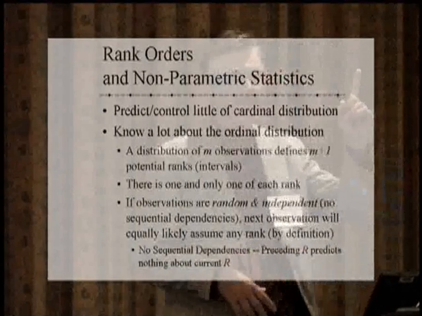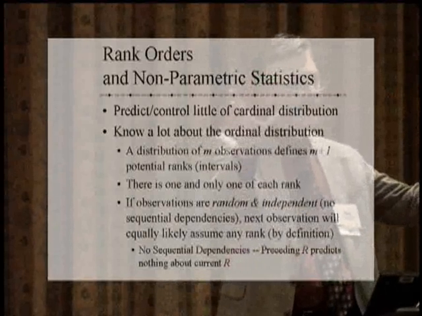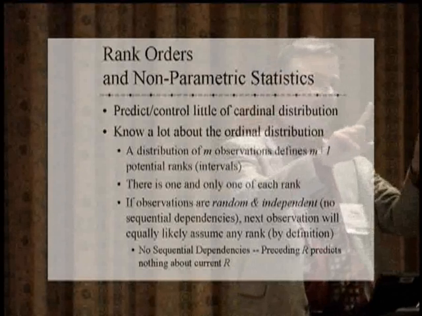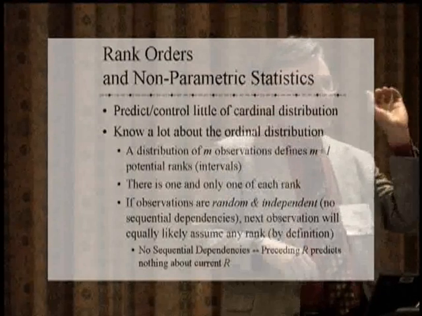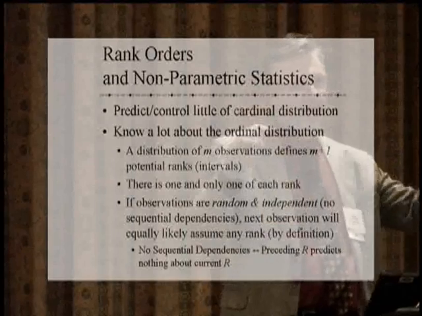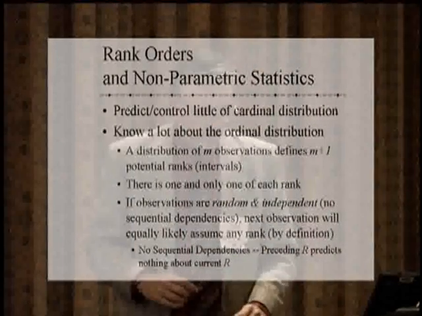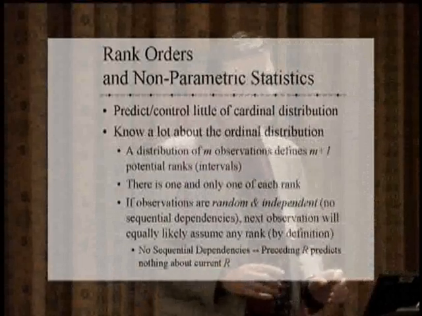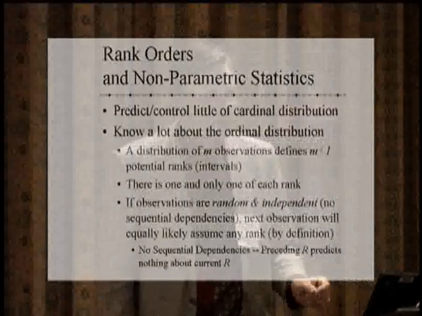If I have one observation, the next drive can fall below it, fall above it. If I have two observations, the next drive can fall below, lowest, between the two, or above the longest. So for every m observations, there's m plus 1 potential ranks for the next drive. There is one and only one in each one of those ranks. There's one rank 1, one rank 2, one rank 3, etc.